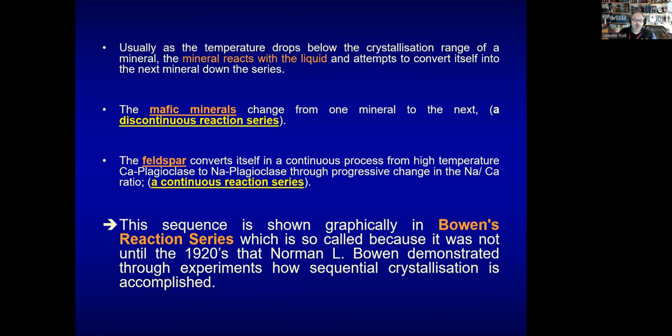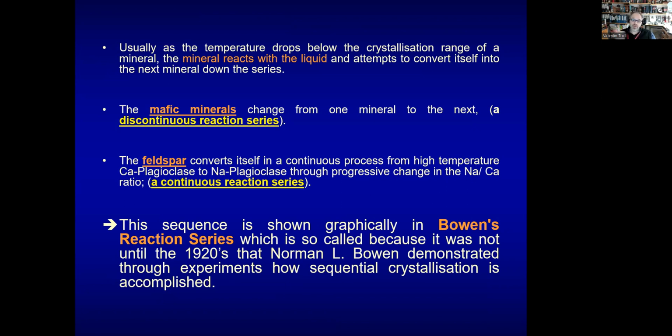So the feldspar is the other opposite extreme, the feldspar series. It converts itself in a continuous process, and that means we form a high temperature plagioclase, for example, a calcium-rich one, and then we get to a sodium-rich one.